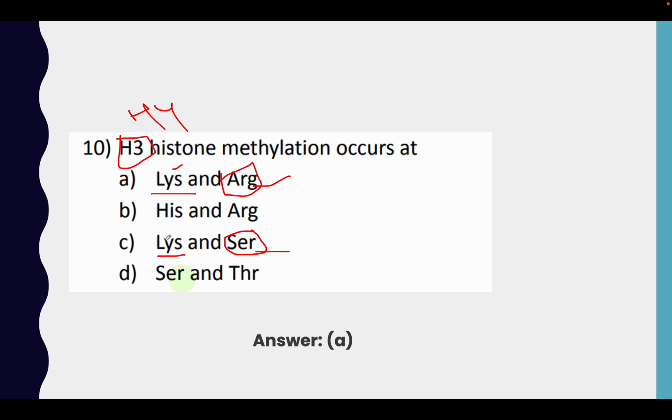The most common site is lysine, which is a frequently methylated site on histone, but primarily these happen on lysine and arginine within the histone protein, particularly on the tail region of histone H3. Methylation patterns on histone H3 can influence gene expression, with different methylation sites associated with either active or repressed transcription. But the sites are lysine and arginine.